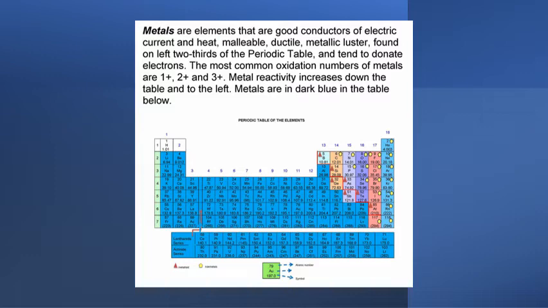The most common oxidation numbers of metals are +1, group 1 for example, +2, group 2 for example, and +3. Metal reactivity increases down the chart from top to bottom and to the left. The most active metal on the table is francium. Metals are in dark blue in the table.